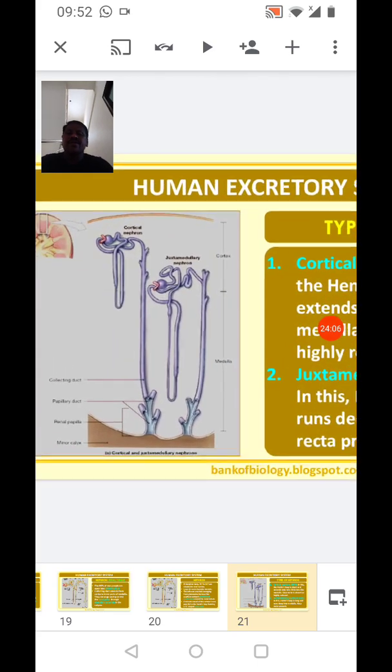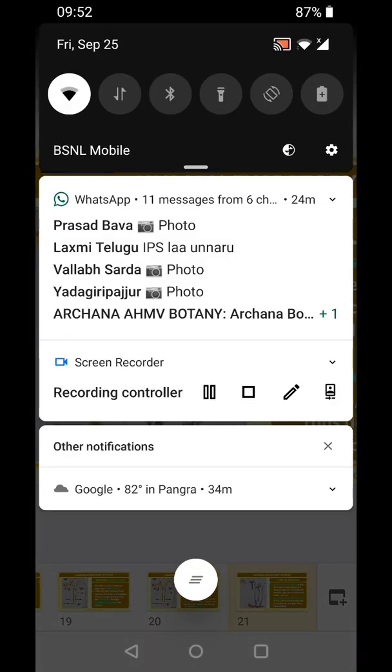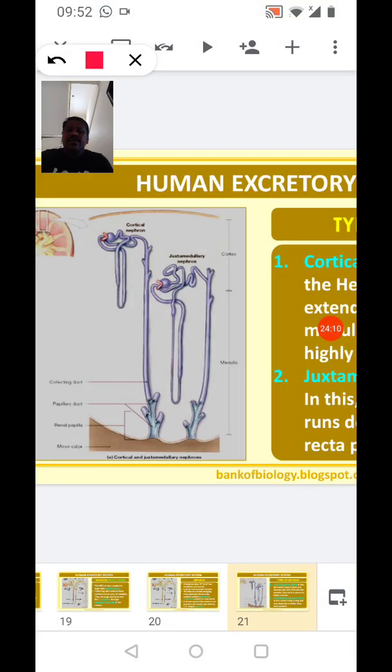Okay, here you can see this is a cortical nephron which contains a very short loop of Henle, and this is a juxtamedullary nephron which contains a long loop of Henle. Right? But the majority, 85% of the nephrons of the kidney, are cortical.